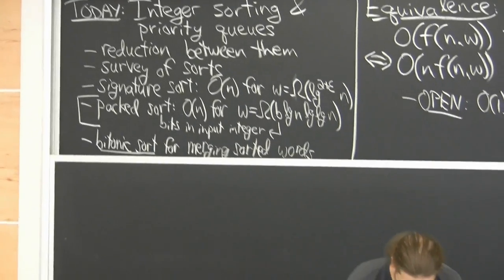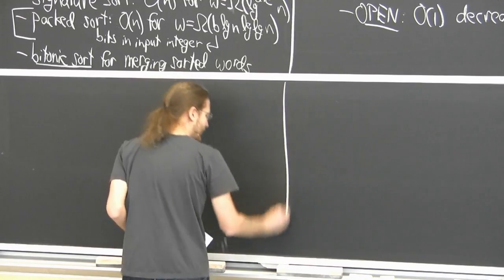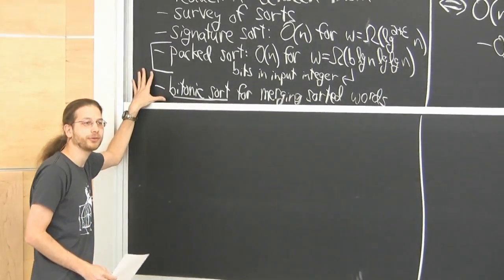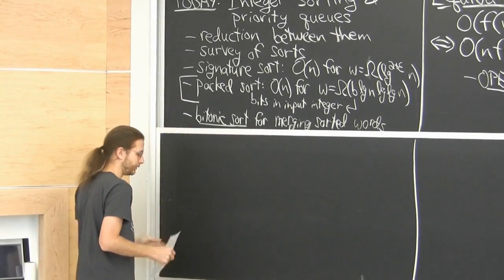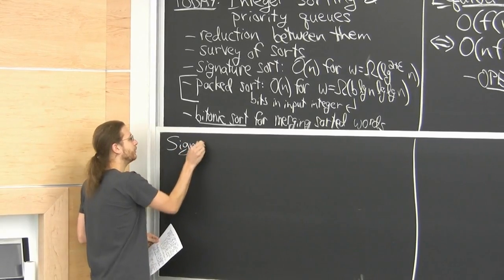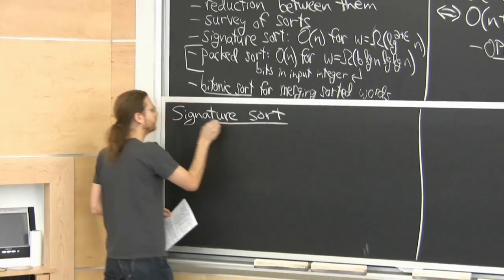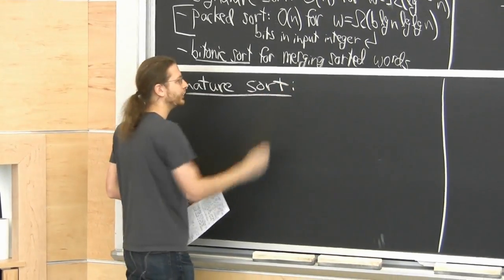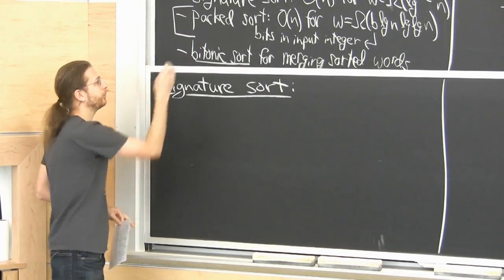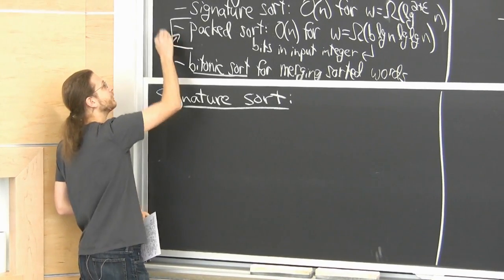I guess they thought people didn't use sorting networks, but we use sorting networks here, because it gives us parallel sorting, and the word RAM is all about using the parallelism in your word. We'll get to those. I'm going to start at the top level, which is signature sort. And we're going to leave things to be done, and then packed sorting will be one of them. And bitonic sorting will be used in packed sorting. So it's a chain like this.